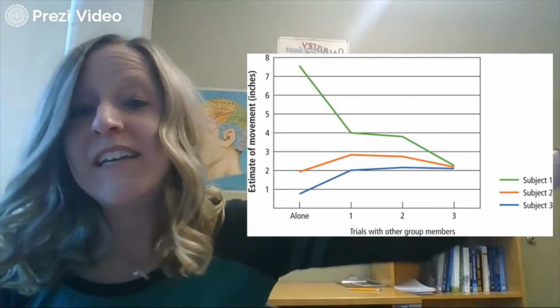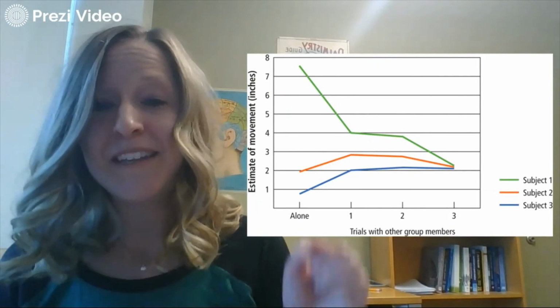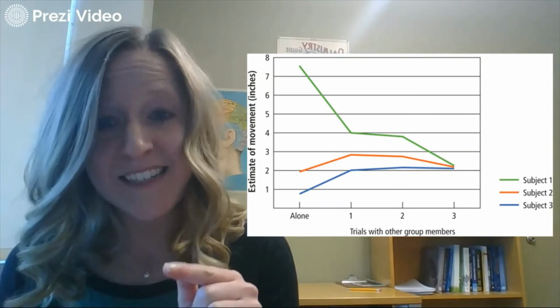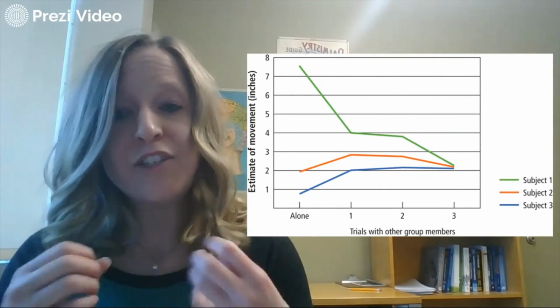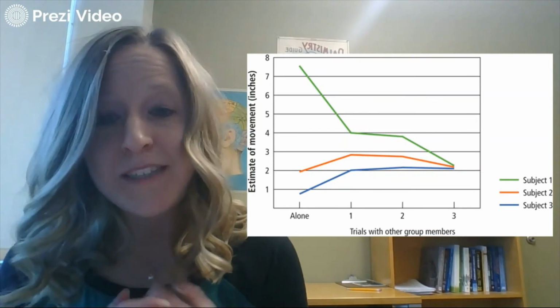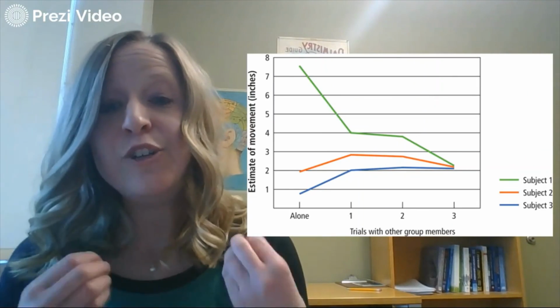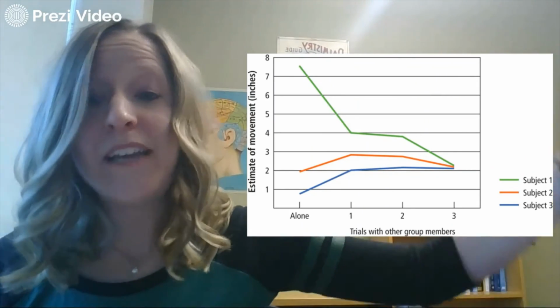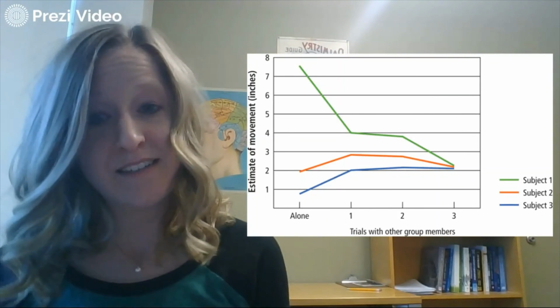And even up to a year later, if they're brought back into the laboratory and asked to estimate the amount of movement of the light, they maintain that group estimate. So they are truly and genuinely accepting that group-established answer as the correct one and internalizing it and using it to guide their behaviors and their responses, even outside of the context of the group.